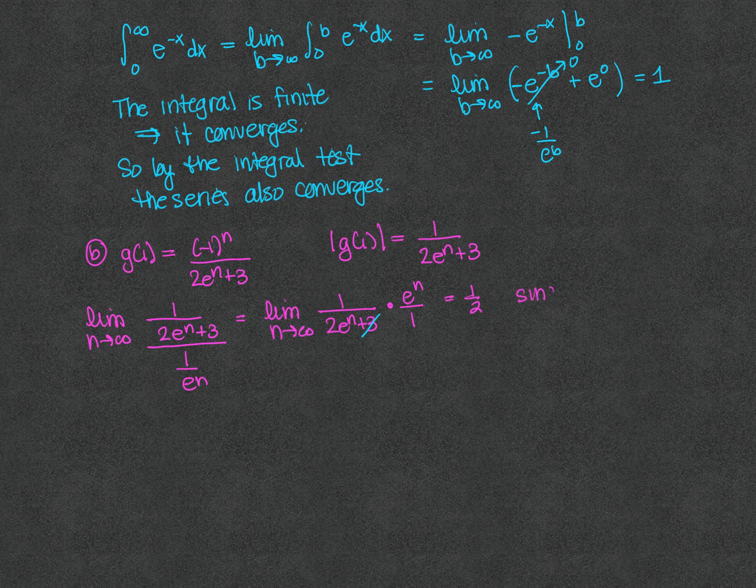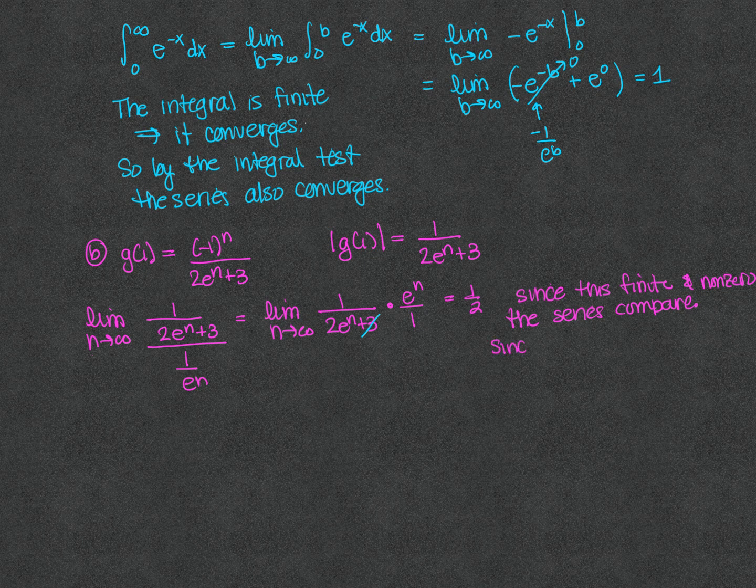Since this is finite and non-zero, the series compare, which means if one of them converges, the other one converges. If one of them diverges, the other one diverges.